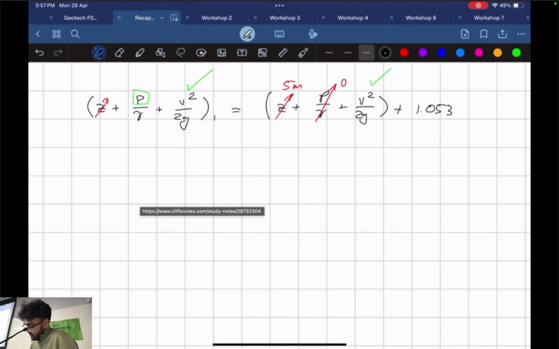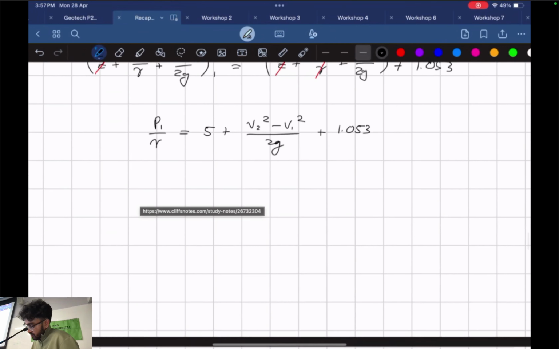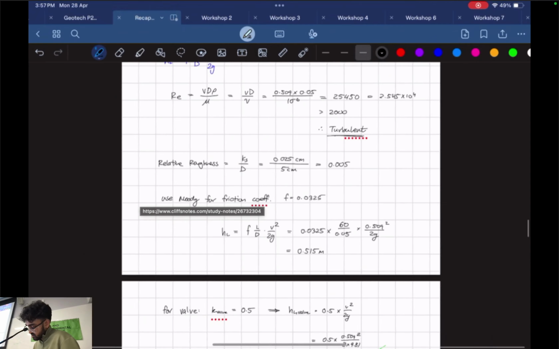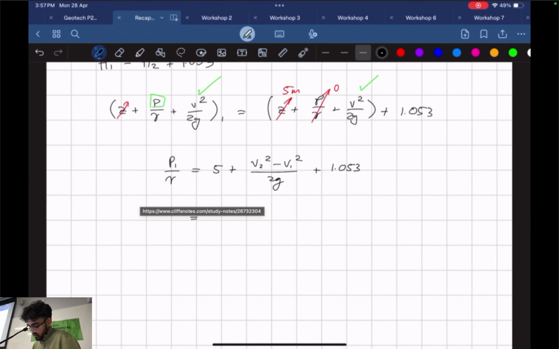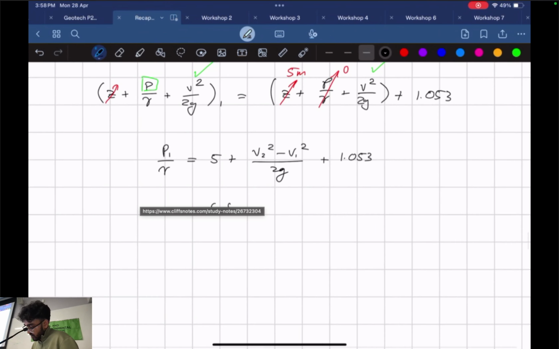Just rearranging, P1 over this equals 5 plus V2 squared minus V1 squared over 2G plus 1.053, which you get to be 6.556.